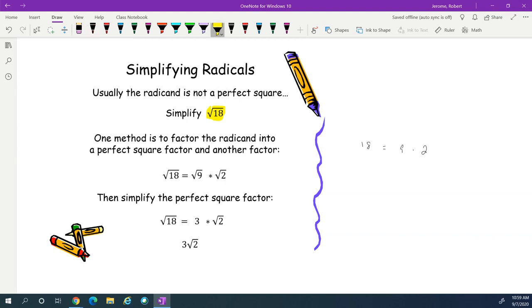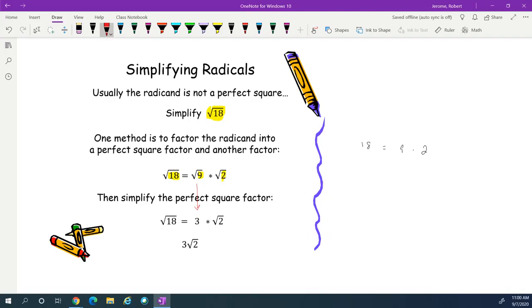So if we leave them under the radical symbol, we have the square root of 18 equals the square root of 9 times the square root of 2. And it's really nice because the 9 is a perfect square, 3 times 3. So again, if we think about it as the radical symbol is asking us, what was squared to get 9?